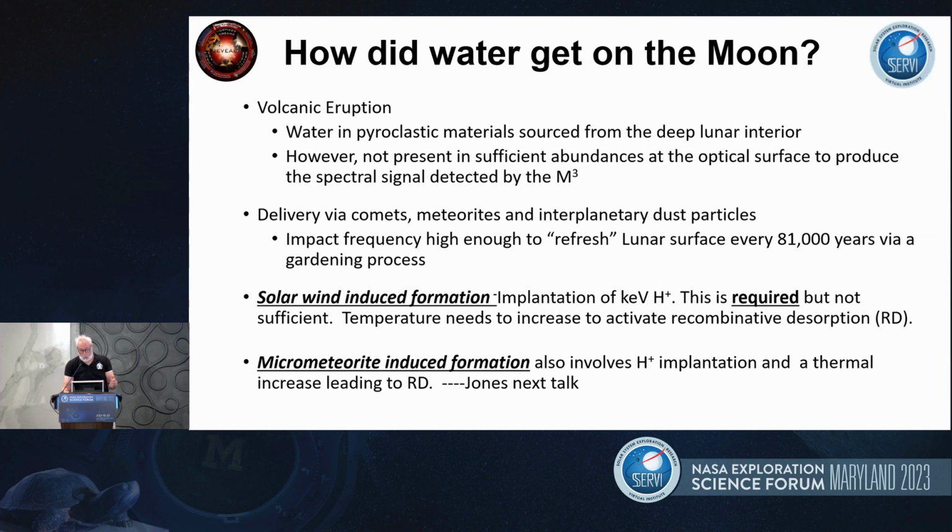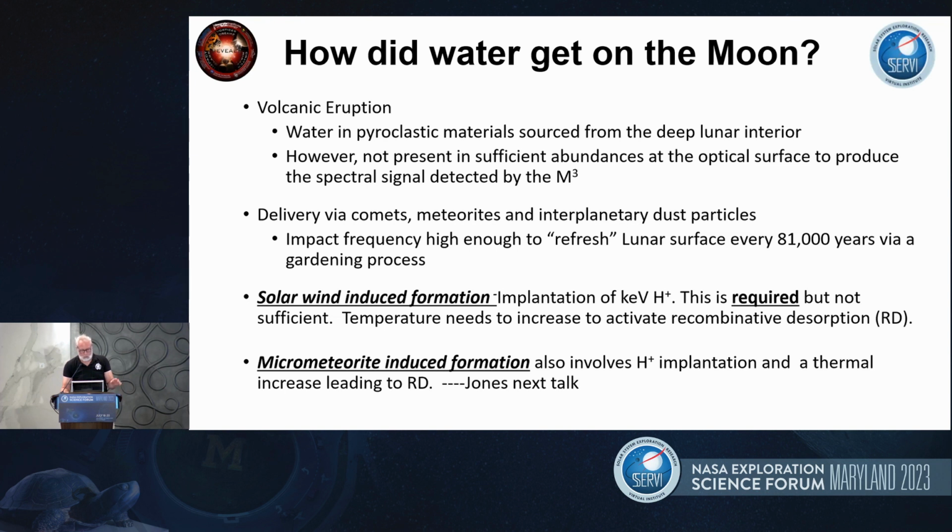I will talk about the implantation of the proton, just like the previous speaker, but I want to point out that this is required, but not sufficient, for the production of water. It's sufficient for the production of OH, but not the water molecule. You need a temperature excursion or some activated process for the formation of the water.